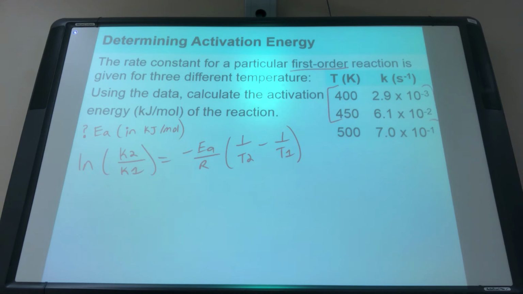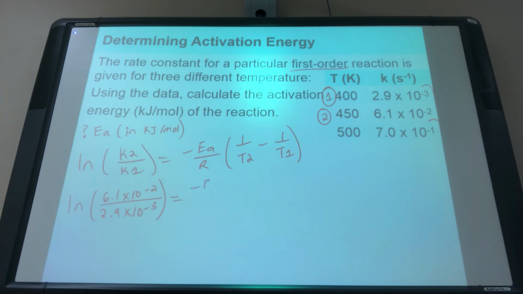So I'm going to pick the first 2, and I'm going to say that the 2's will be this one, and the 1's will be this one. Let's make the first one 1, and the second one 2. All right, so let's plug it in. ln K2 is 6.1 times 10 to the negative 2. K1 is 2.9 times 10 to the negative 3.